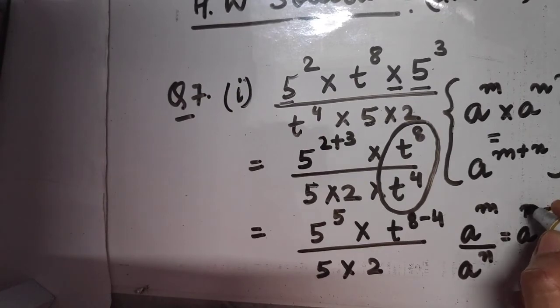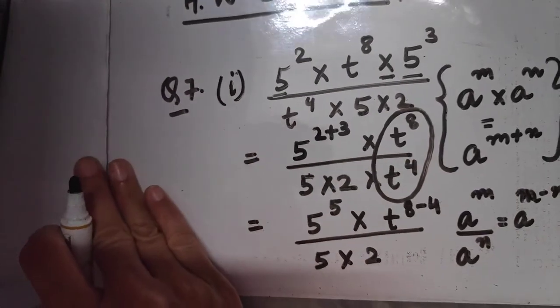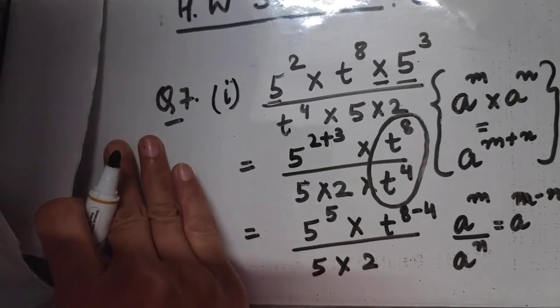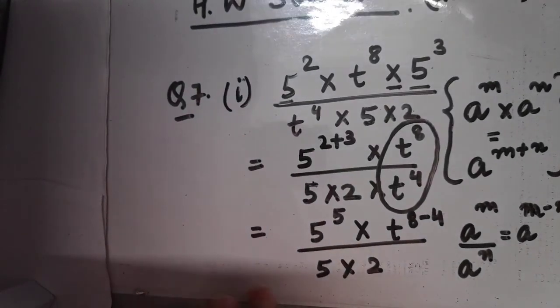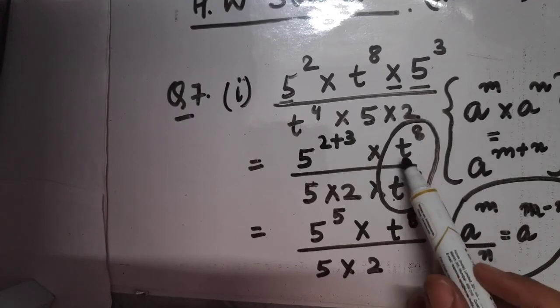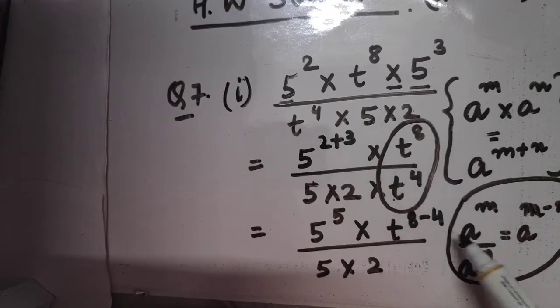Now you can see both the laws, you can compare these. Here the base was same and they are being divided. This is the law. Base is same, exponents are being divided, so exponents will be subtracted.